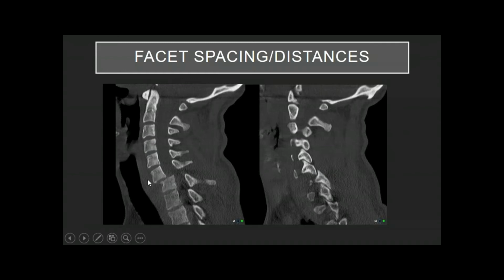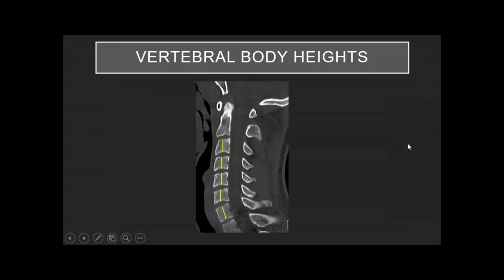This is called traumatic listhesis, and I will just give you a hint. I will be asking a question about this later. So if you have a large amount of traumatic listhesis, you want to think about the alignment of the facets, because oftentimes the facets are what is causing such a huge amount of offset.